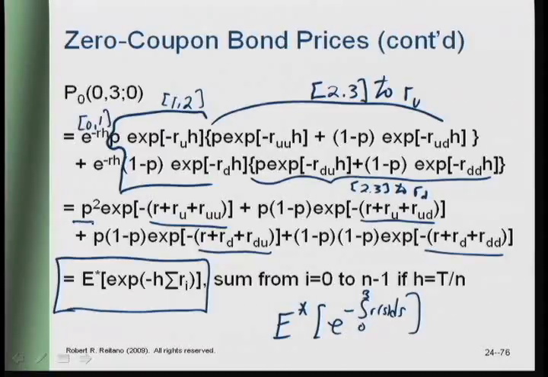The probability of the lowest path is 1 minus p squared, and the intermediate paths have the same probability. Well, the probabilities in general depend on how many up versus down states one has. And we won't go into the combinatorics.